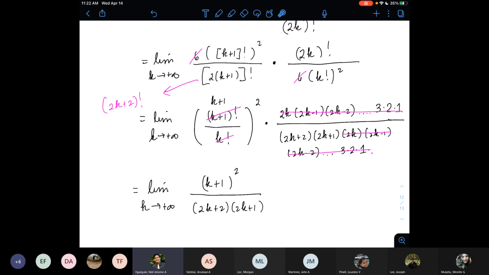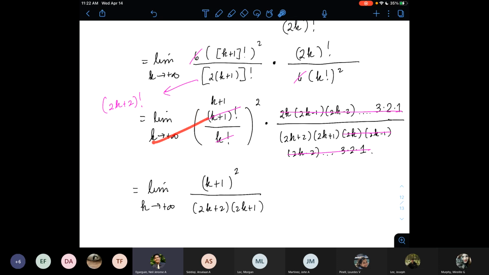All right, is that good? All right, and then Maria has a question. After cancellation, would it be just k plus 1 factorial or just k plus 1? It will just be k plus 1. I'm guessing you mean here, right?